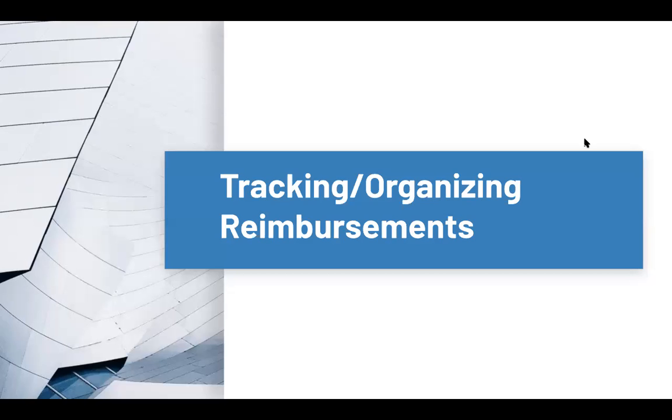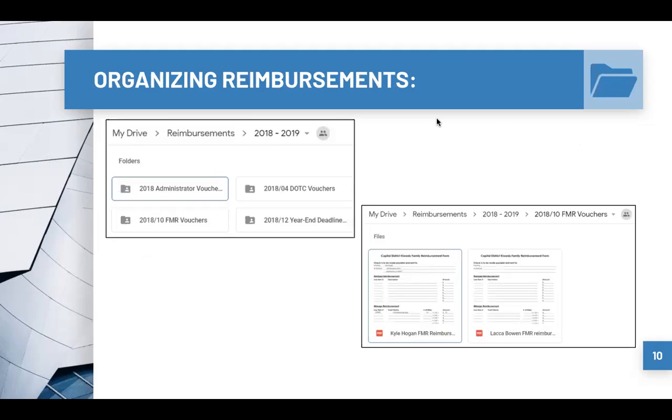Now for tracking and organizing reimbursements. Reimbursements are for when a club member wants to be reimbursed for participating in club activities, such as a service event that is maybe an hour away, and a club member doesn't want to pay for the gas.